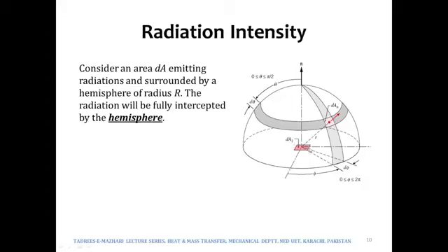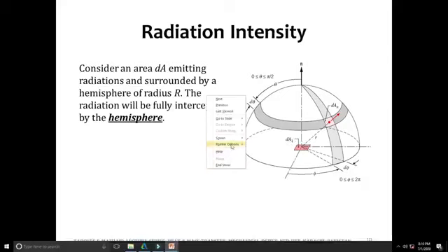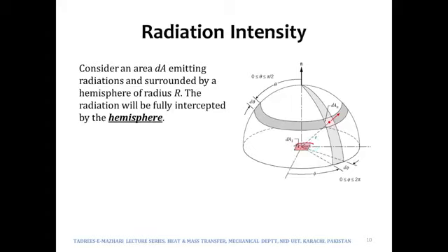See, the thing is that if we consider this as body 1, it says 1 over here, and consider this as body 2. Now if we are interested in the heat transfer between bodies 1 and 2, what is so special to discuss over here?